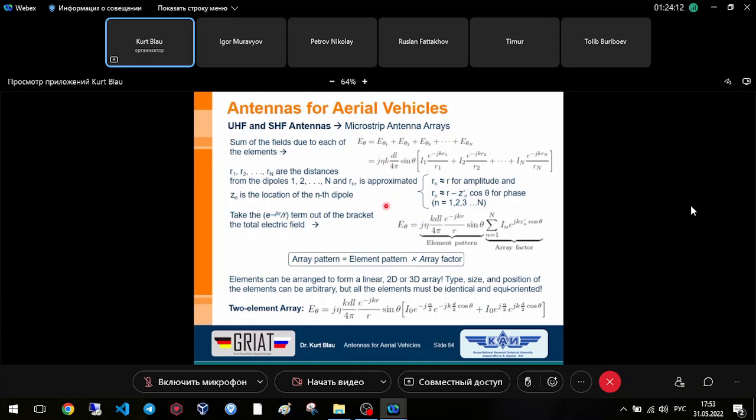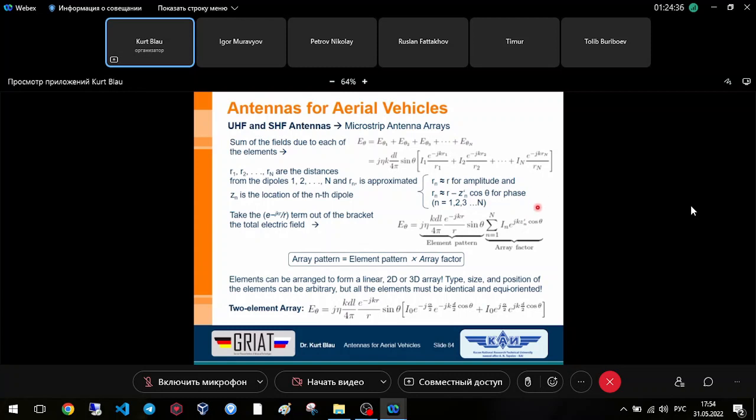We want to know what happens if we have n Hertz dipoles arranged at a certain distance to each other along a line, let's say along the z-axis, and what we can expect at a certain observation point very far away from this line of Hertz dipoles.